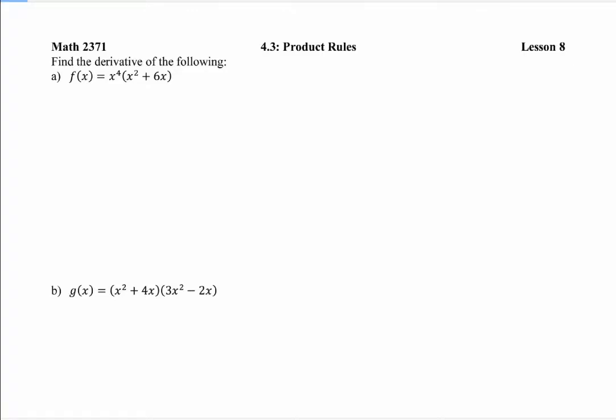All right, now we're going to start the second part of Lesson 8, which is the product rule. So this is trying to do derivatives of things that are more complicated.